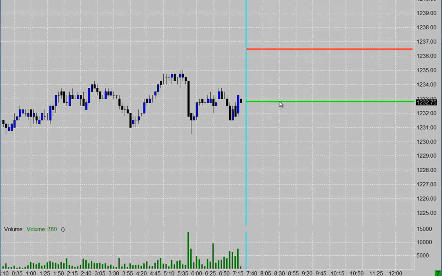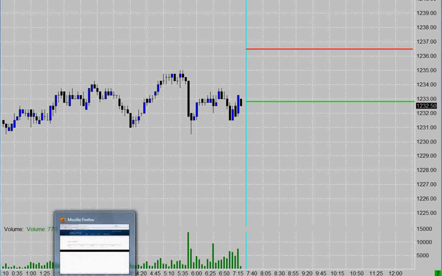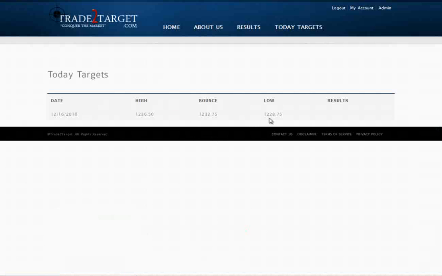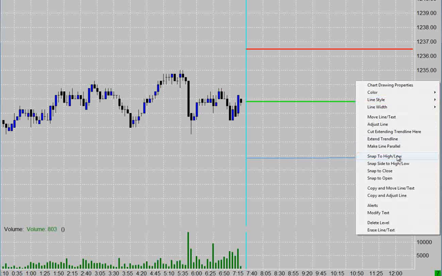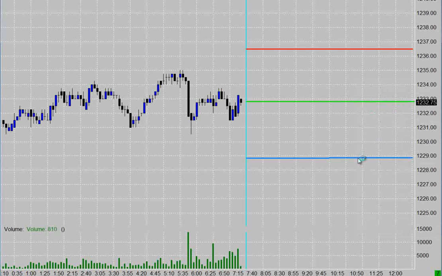So it looks like from here there's a good 3.5, 4 points of movement available if you play it right. So I'm going to look at our downside target, which is 1228.75. Find it right here, draw it in. We'll make this one red too.